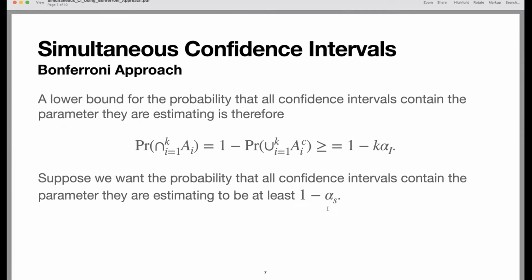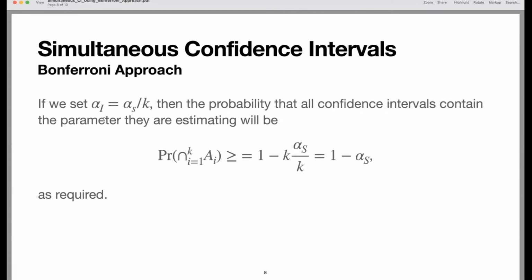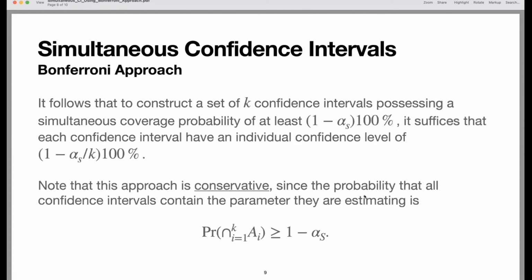So if we set alpha sub I equal to alpha sub s over k, then the probability that all confidence intervals contain the parameter they're estimating will be at least 1 minus alpha sub s, which is what was required. This shows us how to construct these simultaneous intervals using the Bonferroni approach.